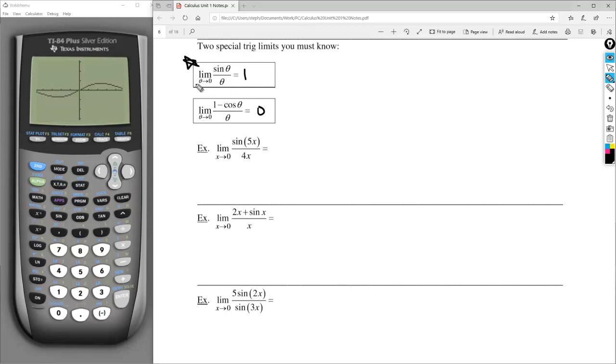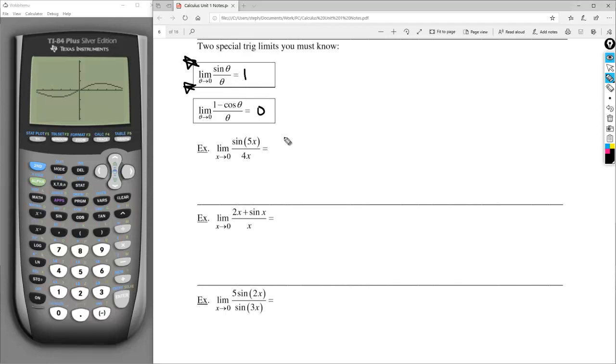This is one that I would remember, right? I would put a star next to this. This one I've seen come up like once or twice, really, ever, on the AP test. It doesn't come up very often, but this one does come up, so this is one that I would be familiar with.